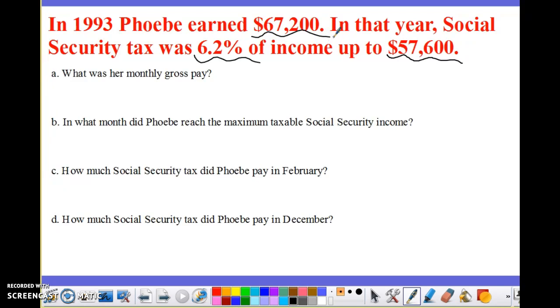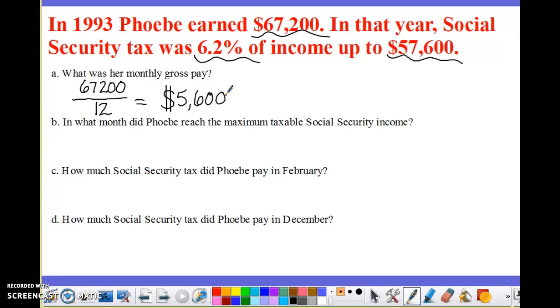First, what is her monthly gross pay? We know her annual pay, $67,200 in that year. To find her monthly income, we divide that by 12. When we do that, you should get $5,600 for her monthly income.